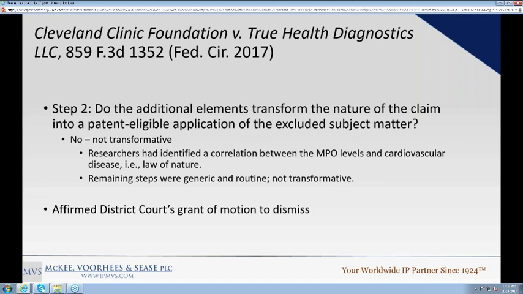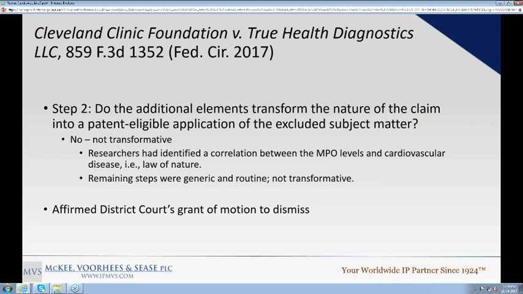So move on to step 2, and the court said, well, are there additional elements to provide significantly more, or to provide the inventive concept? And the court held no, it was not transformative. And they noted that the researchers had identified an important correlation in nature, and not to undermine the research and what that meant to treatment of heart disease and for people in this medical area.